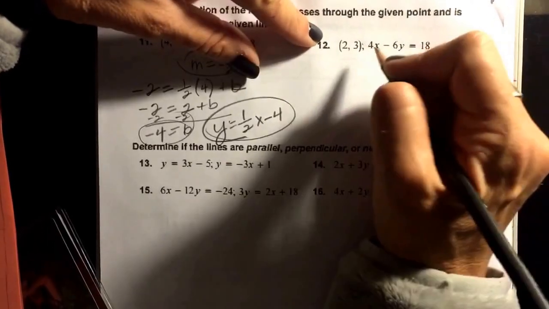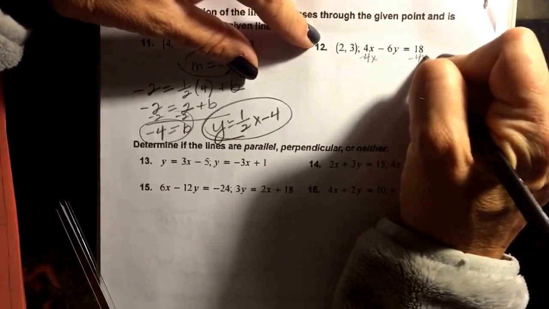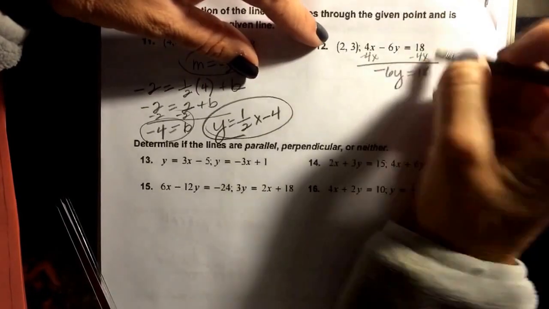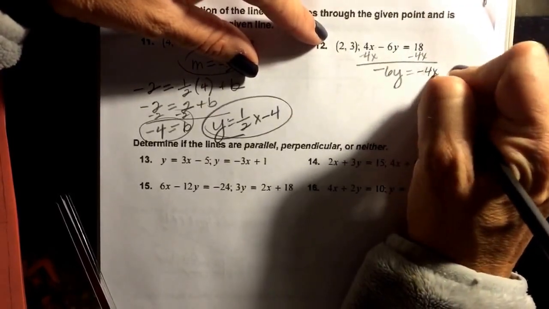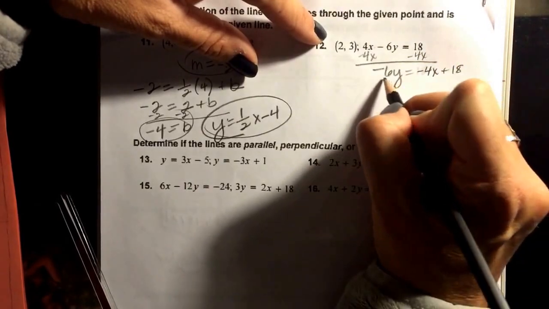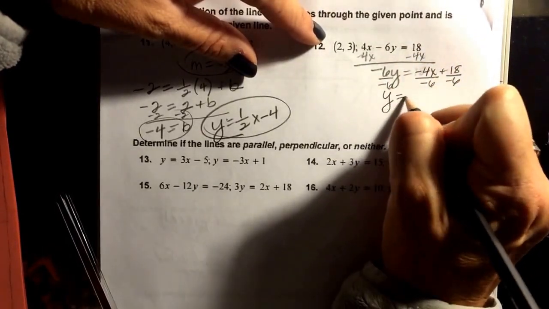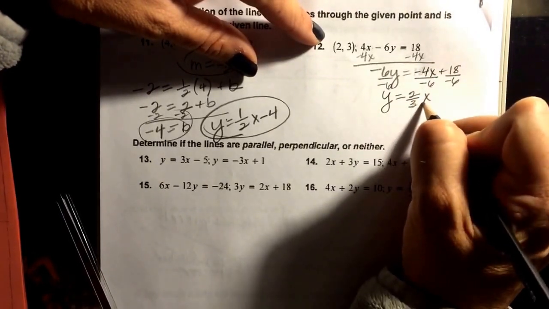I don't see the slope in the way that this is set up. I'm going to solve this equation for y to find out what the slope of this line is. -6y equals 18. Now, maybe I'll put my -4x out front. -4x plus 18. I'm going to divide every piece of this equation by -6 to get y alone. Y is equal to, this is going to simplify to +2/3 x.